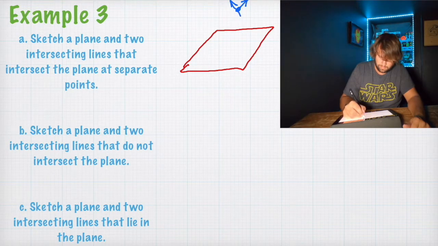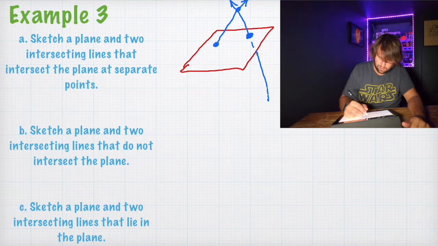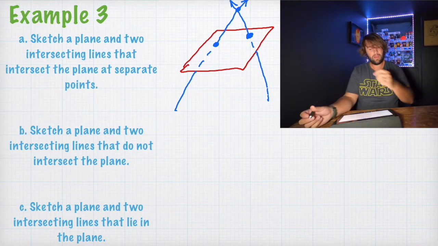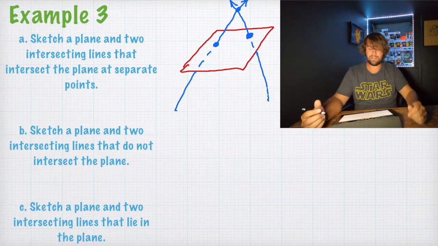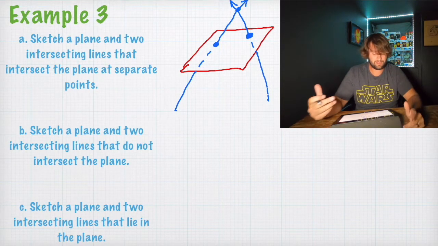And then they're going to hit this at this point and go through like that. And same for this line, it is going to hit here and go underneath it and through like that. I hope that drawing makes sense. That's just one example. You could draw it a bunch of different ways.